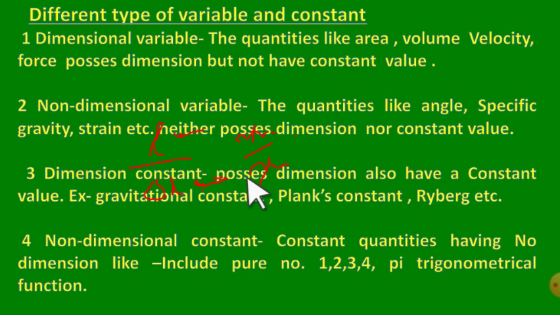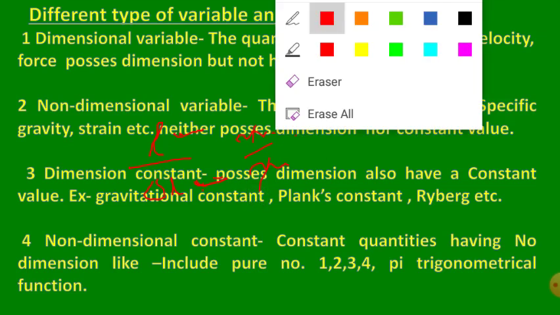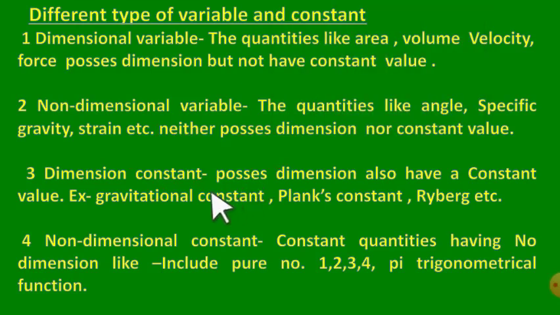Now in the case of dimensional constants, these are all constant, but they have some unit. For example, the gravitational constant that you learned in class 10, G equals 6.673 times 10 to the power minus 11 Newton meter square per kg square.